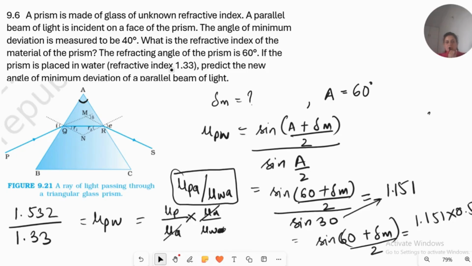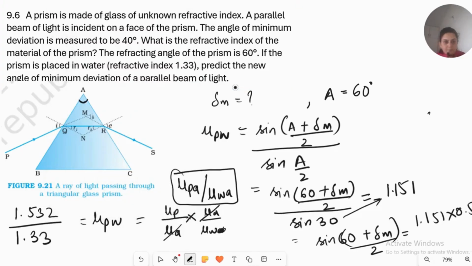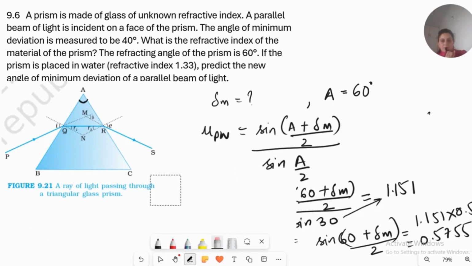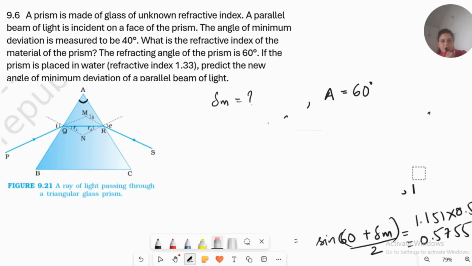Taking this to this side, 1.151 divided by 2 is 0.5755. Now we need to take the inverse so that we can further find.